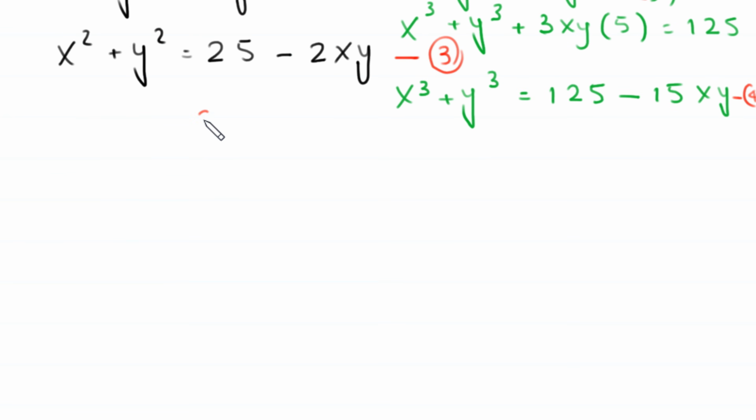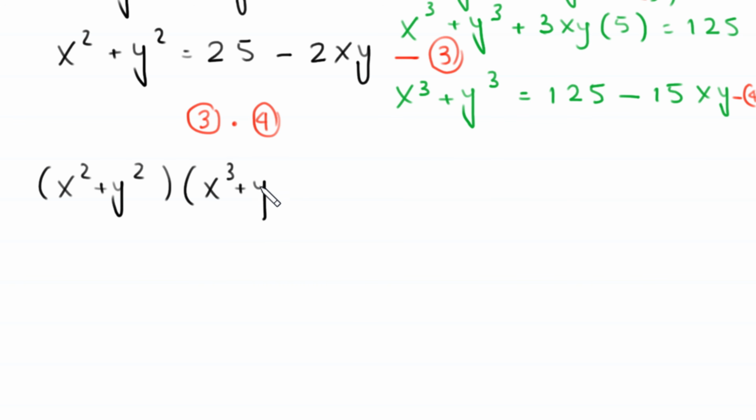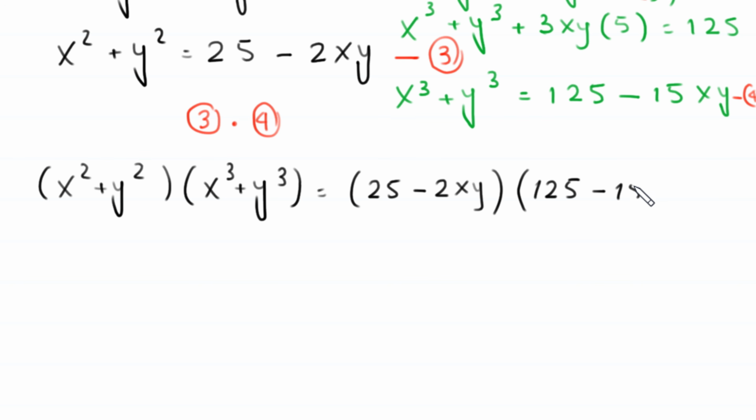Now we multiply equation number 3 by equation number 4. So this will become x squared plus y squared times x cubed plus y cubed equal to 25 minus 2xy times 125 minus 15xy.